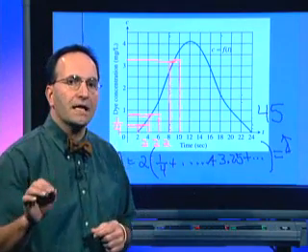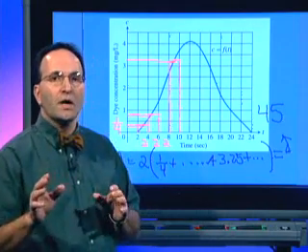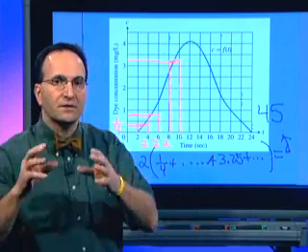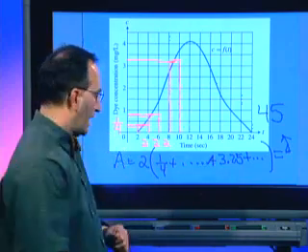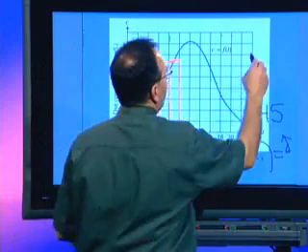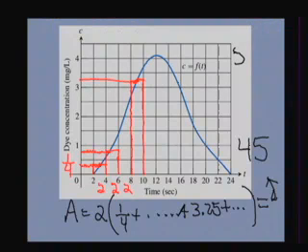Now, in terms of the cardiac output, which was the second part of that, what we would have to say is the cardiac output is equal to the original amount of dye, which was 5, divided by this area, which was 45. So let me do that. 5 divided by 45, and then times 60, because we wanted it in liters per minute.